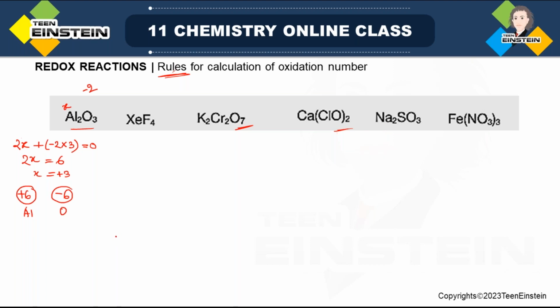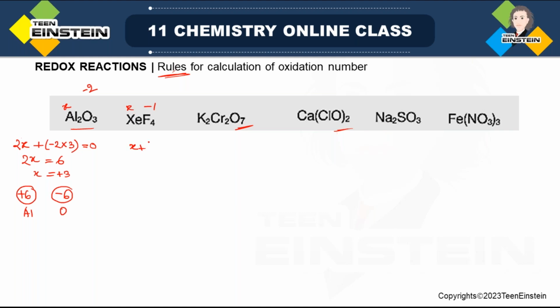Then we have xenon tetrafluoride, 4 fluorine atoms attached to xenon. Now xenon is a noble gas. Different oxidation states are possible for it, but fluorine, as it is the most electronegative element, you will always have to consider the oxidation state as -1. So for xenon we will consider X, and for fluorine it will be -1.